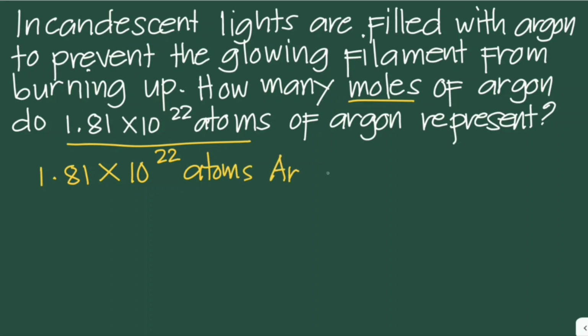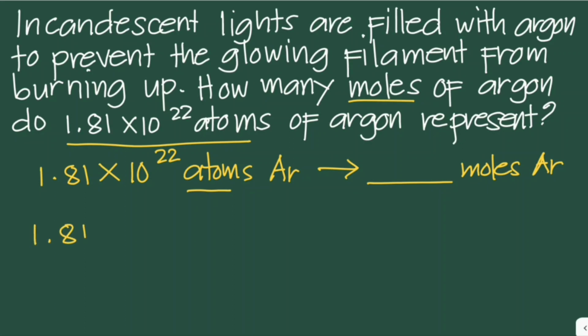argon, and then we need to convert this to moles of argon. Again, we just have to multiply the number of atoms given here by its conversion factor, which is the Avogadro's number.